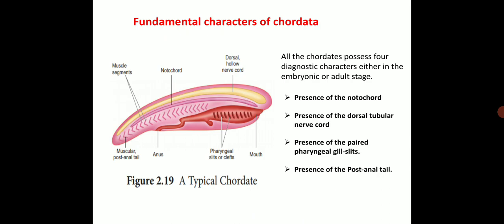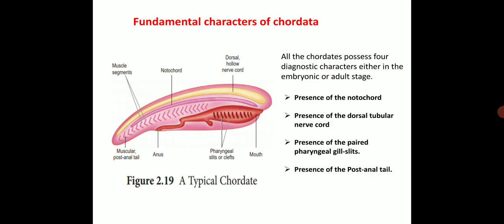Before discussing any phylum, you should know about its fundamental characters. For chordates there are 4 diagnostic characters. They may be present either in the embryonic or in the adult stage. These 4 characters are said to be the fundamental characters of a chordate.